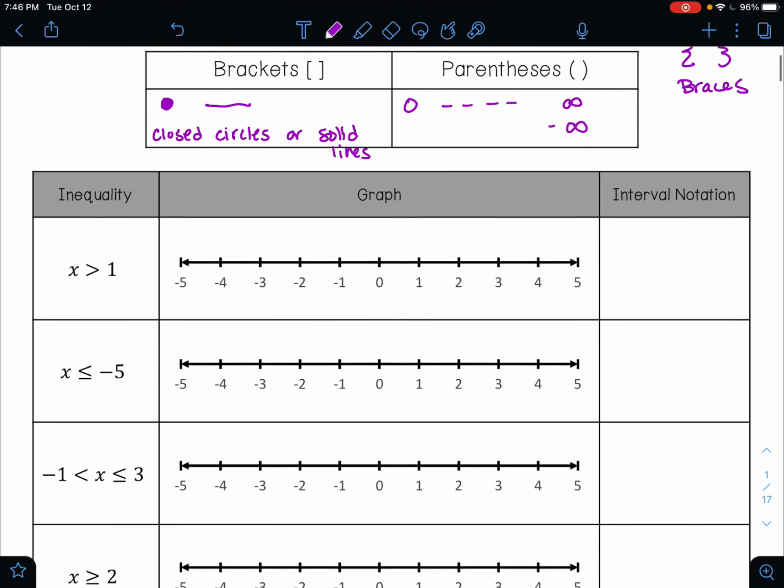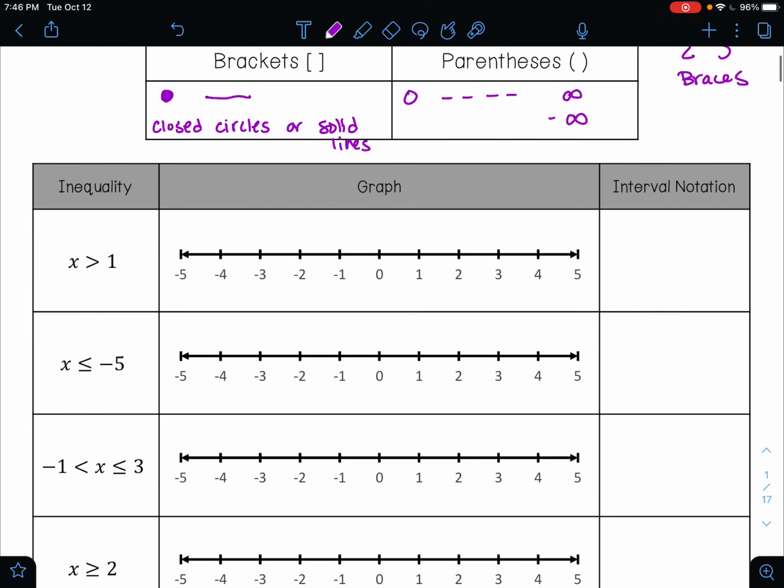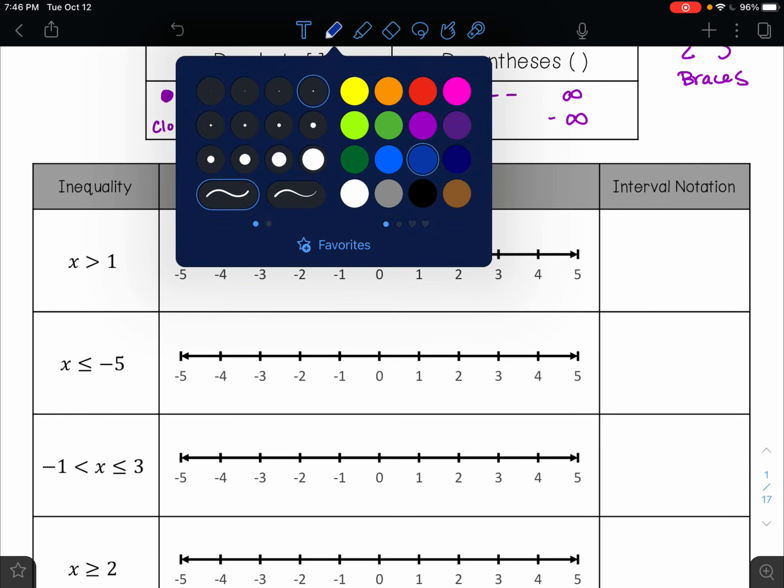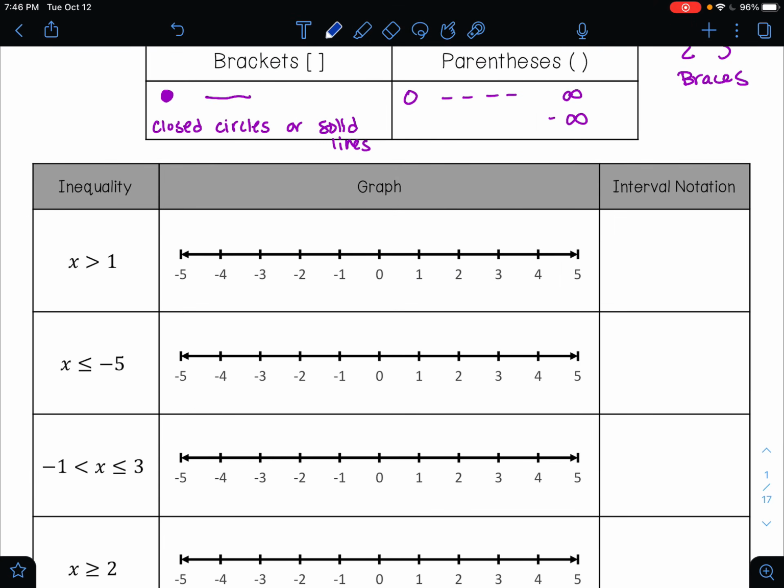All right, so for this first one, we have x is greater than 1, and we want to graph this inequality on this number line. Well, 1 would have an open circle because that's not included. And then I want everything that's greater than 1, so I am going to shade to the right.